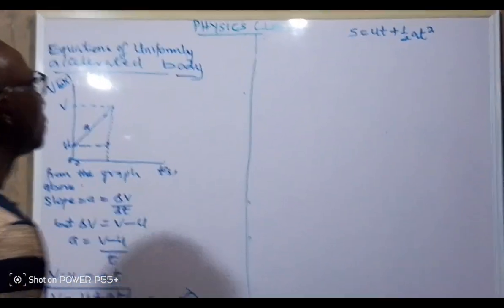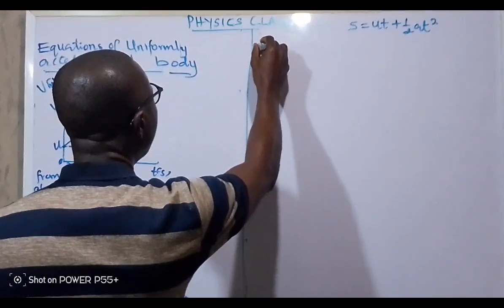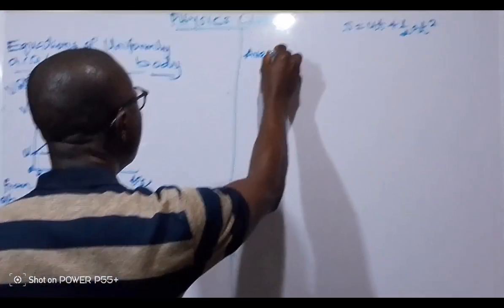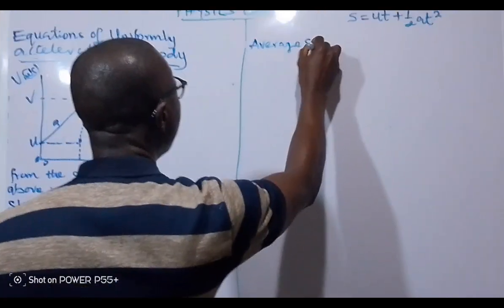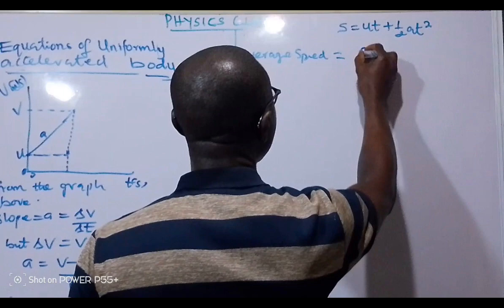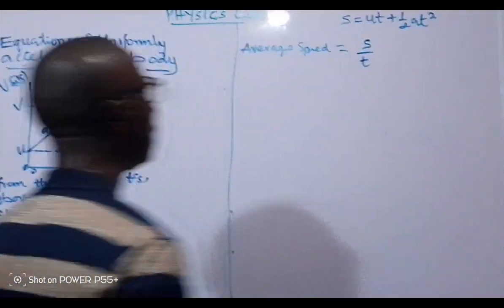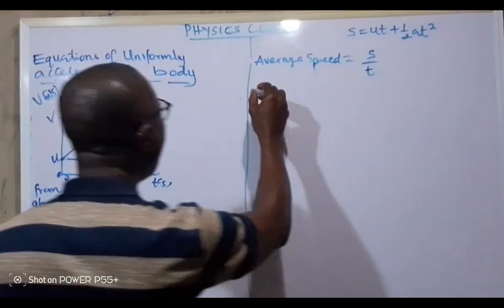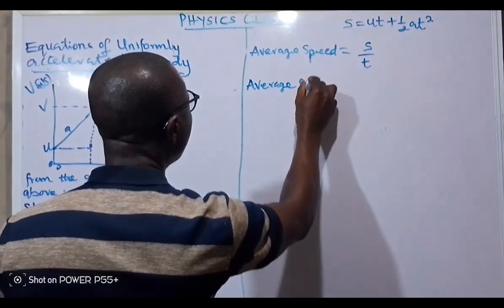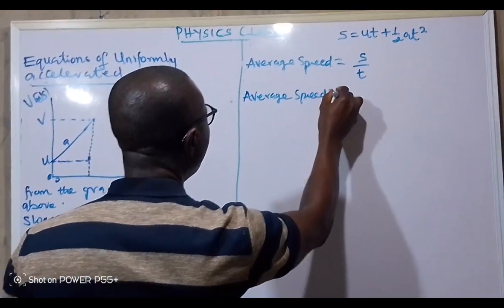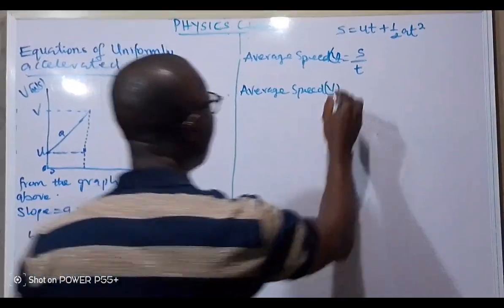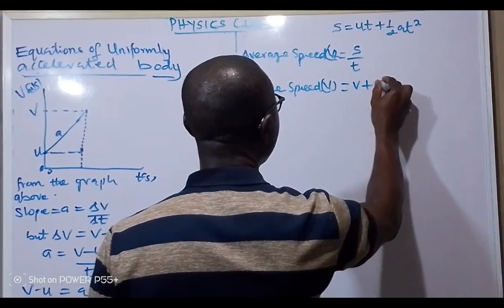To start with, in one of our discussions we said average speed is equal to total distance over total time taken. At the same time, the same average speed is equal to V plus U over 2.